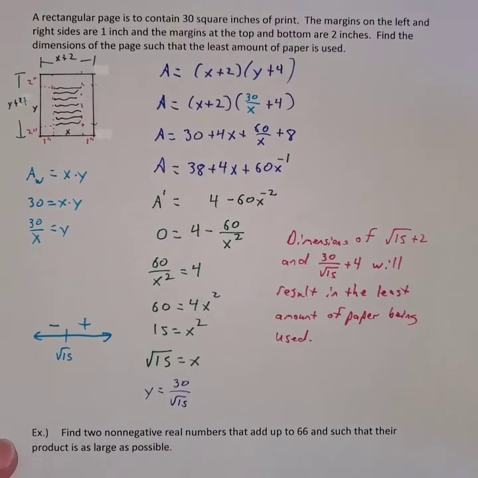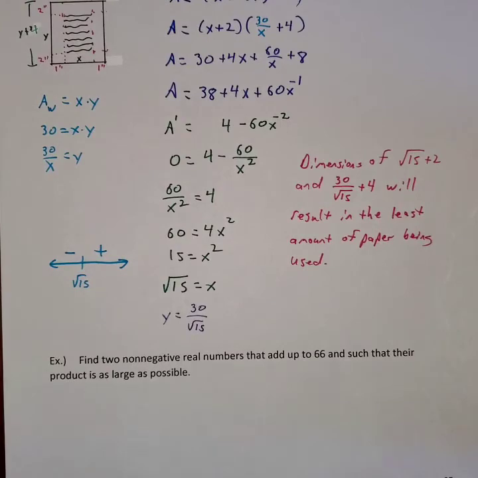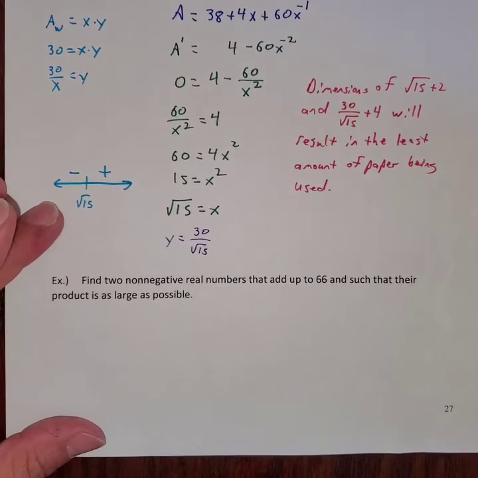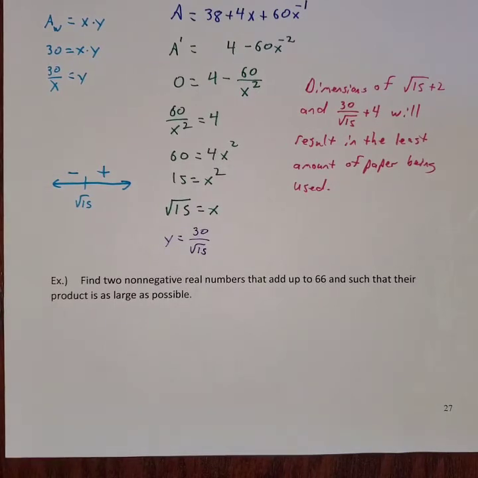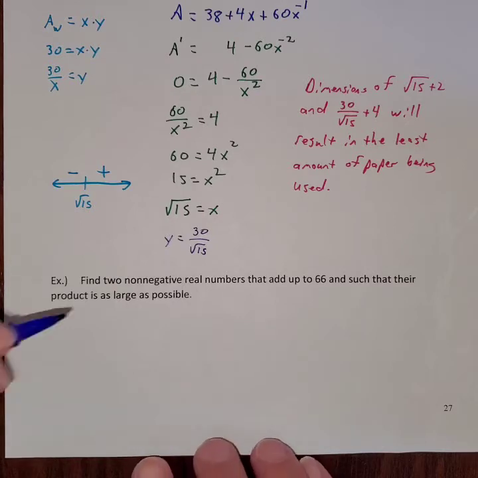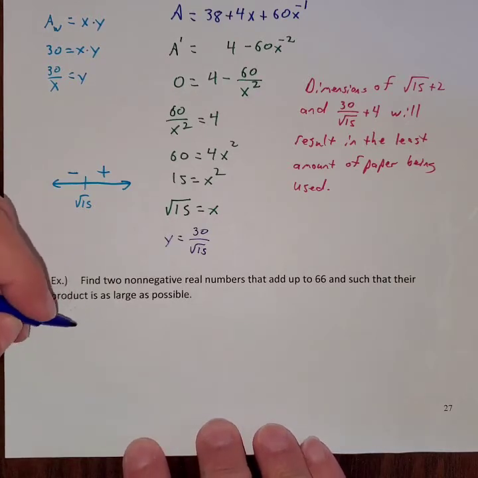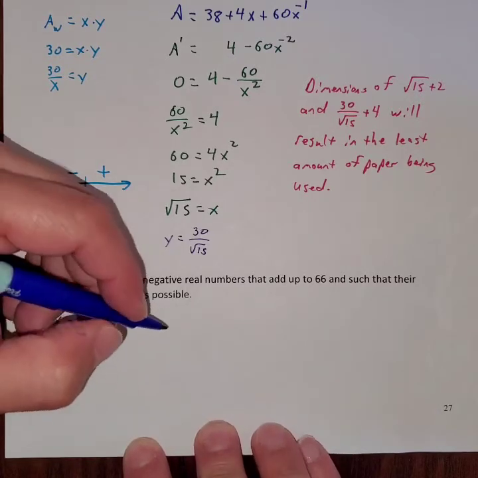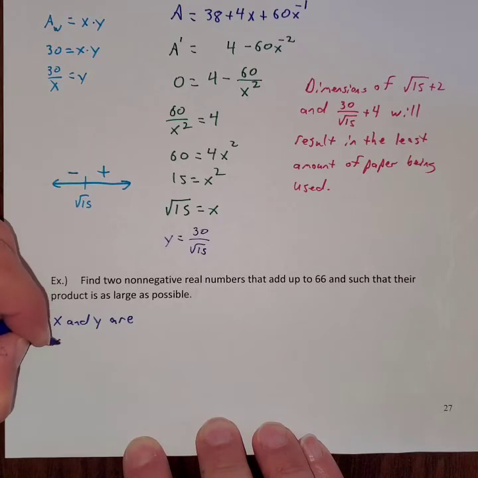So the last example on this page wants us to find two non-negative real numbers that add up to 66 such that the product is as large as possible. So I'm going to call my two numbers X and Y, non-negative real numbers.